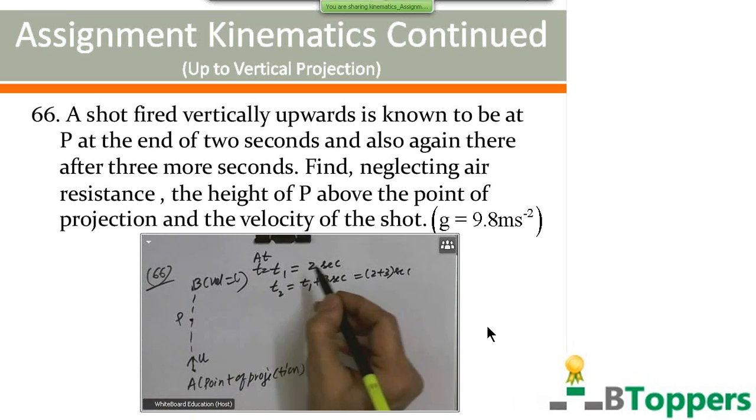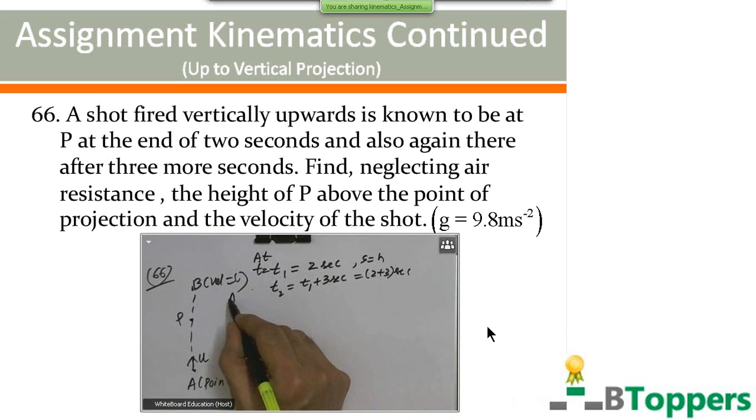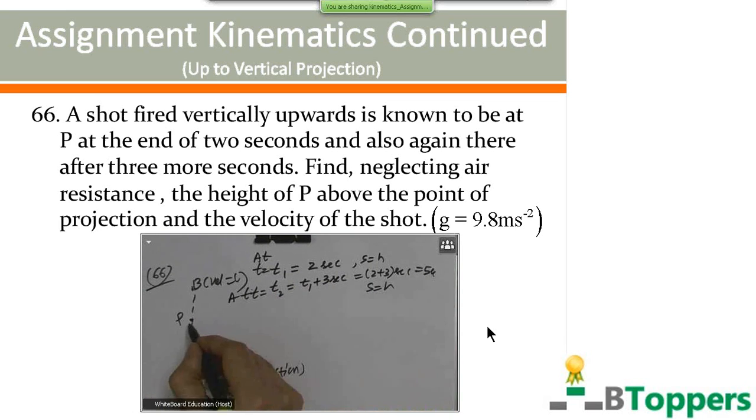That means at T equal to T1, s equal to h, and even at T equal to T2, s equal to h. Here T2 will be 5 seconds. Here small h is the height of the point P above the point of projection.